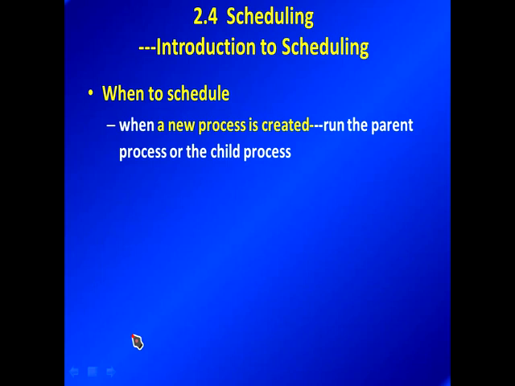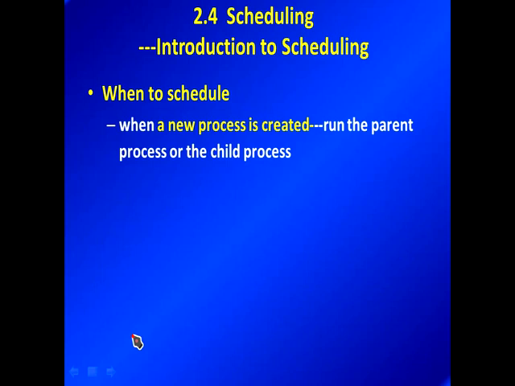The first one is when a new process is created. After we learned the concepts about processes, you can recall that a new process is always created by another process, right?